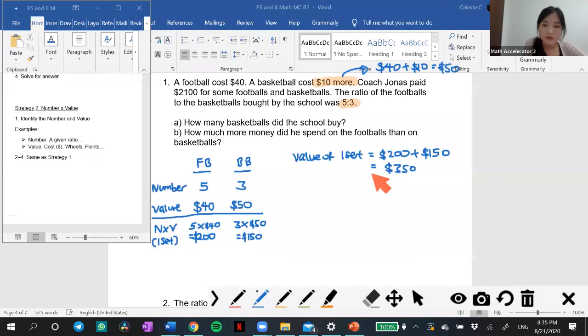Okay, then what's next? You have to find the number of sets. Right, so this is the familiar part that we did in the previous strategy.